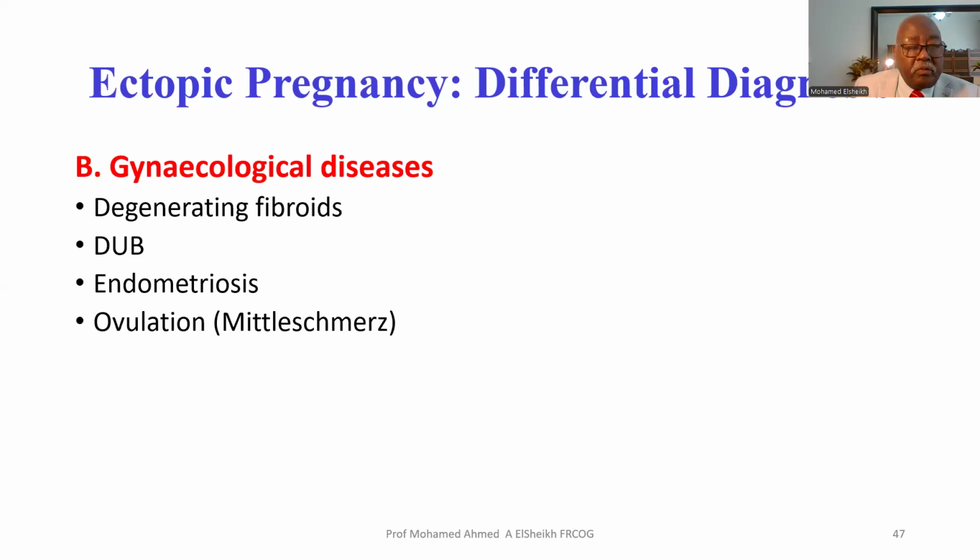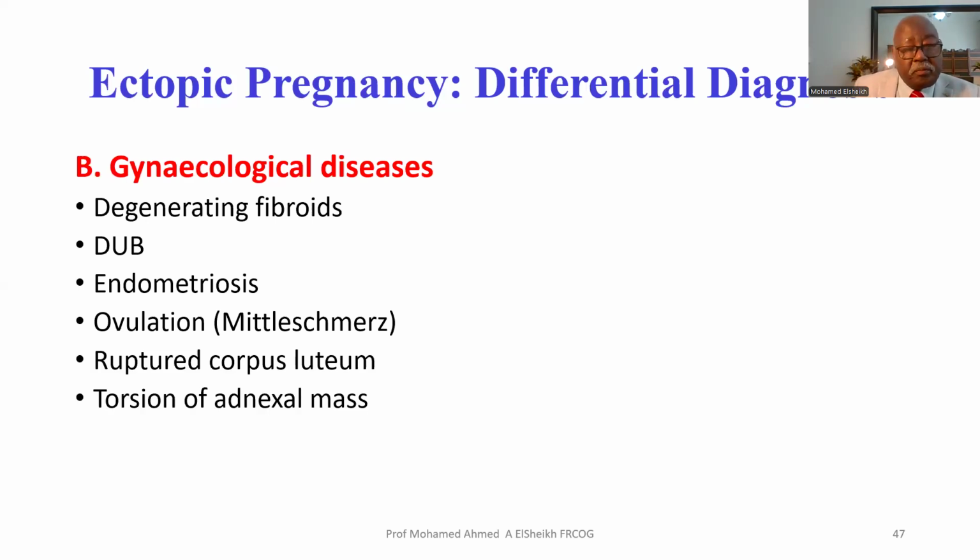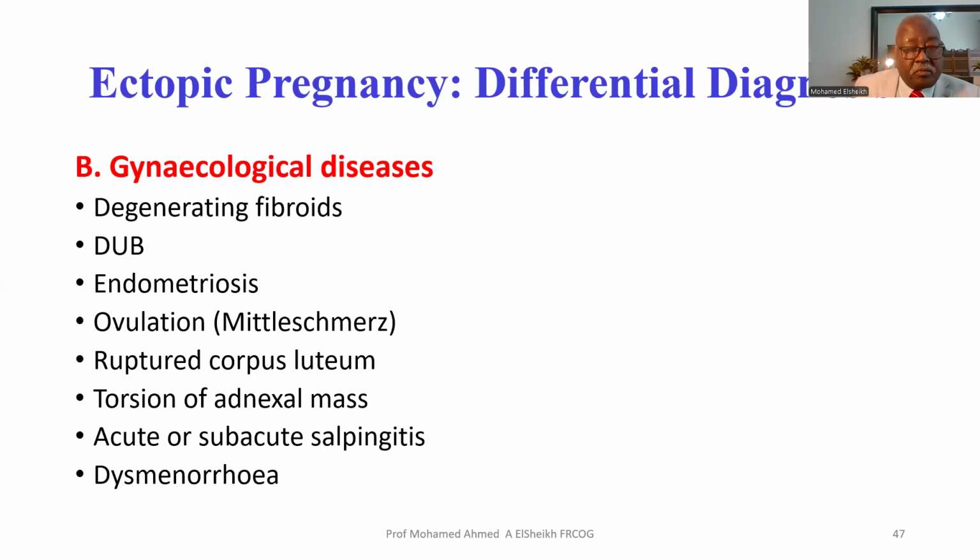Endometriosis, ovulation pain, ruptured corpus luteum, torsion of adnexal mass, acute or subacute salpingitis. All these are gynecological diseases. They could be mixed up with ectopic pregnancy, and they should be differentiated from ectopic pregnancy, each with its symptoms and signs. And dysmenorrhea.